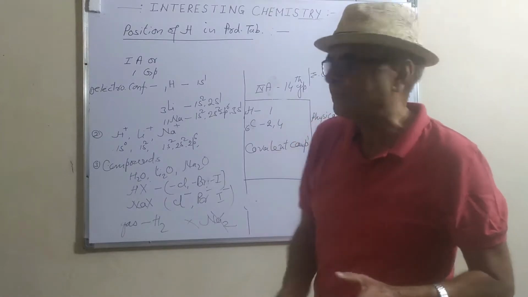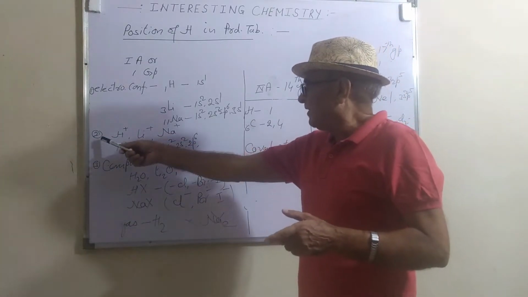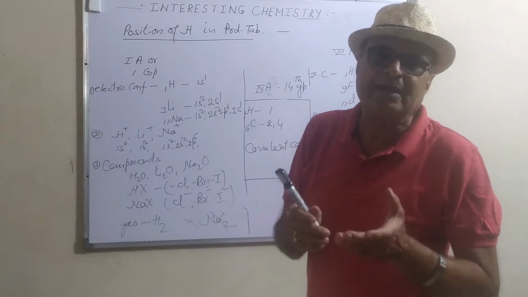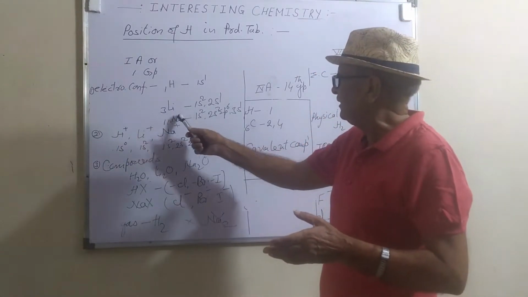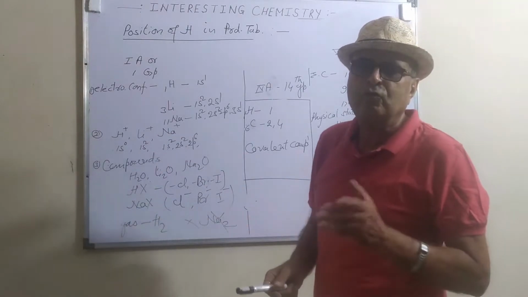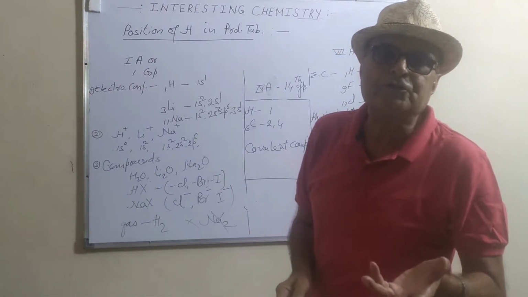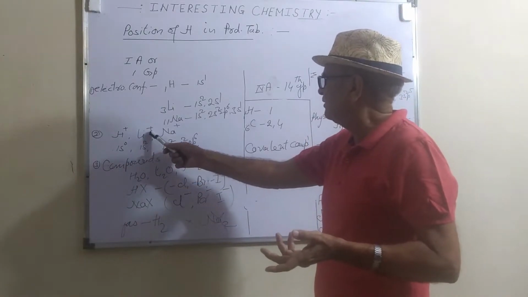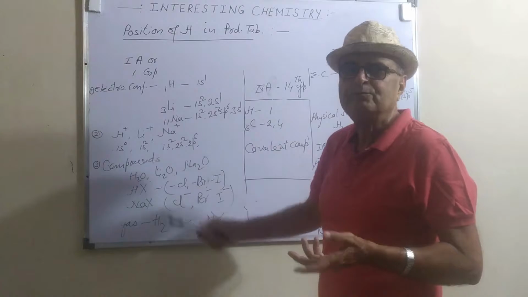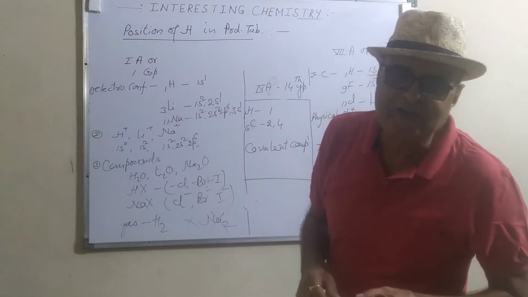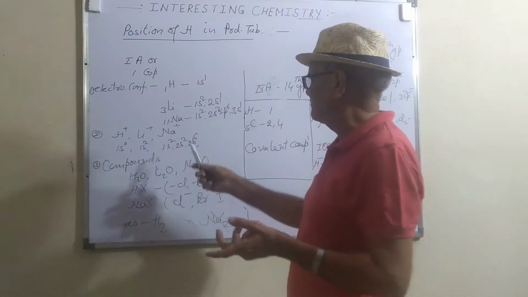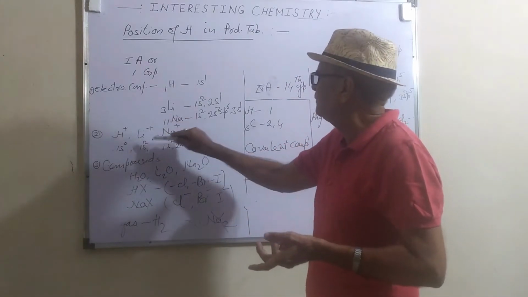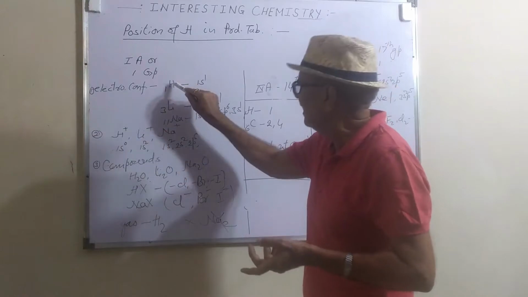Again, the second point: all alkali metals form a monopositive cation. As Li+ and Na+, in the same manner hydrogen also forms H+. So this is the similarity between the alkali metals and hydrogen.